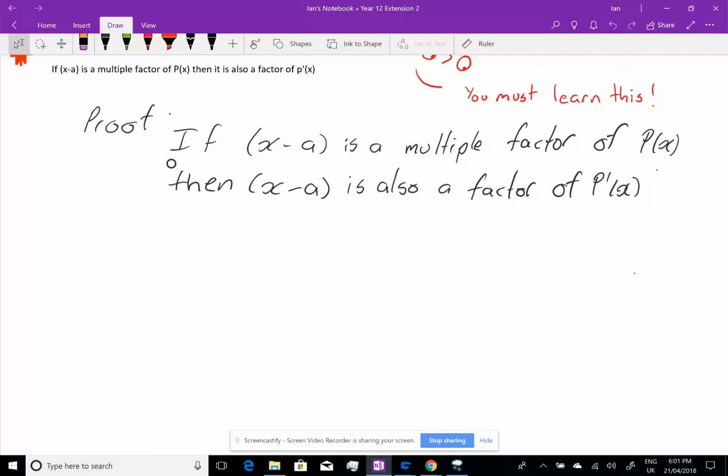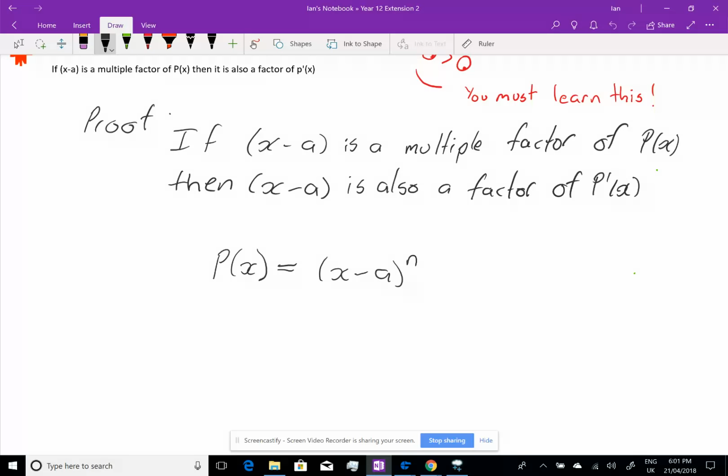So let's take p of x, and we know that x minus a is a factor, and it's a multiple factor. Now we don't know how many times, so we'll just put n up there. Could be a factor of 2, could be a double root, could be a triple root, could be any number.